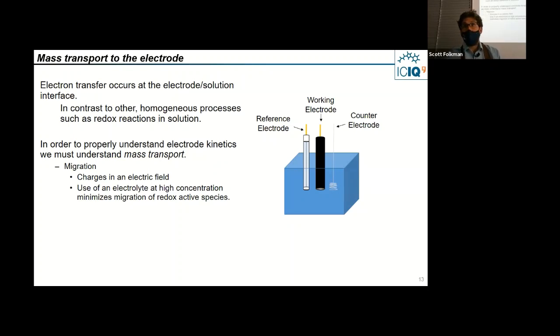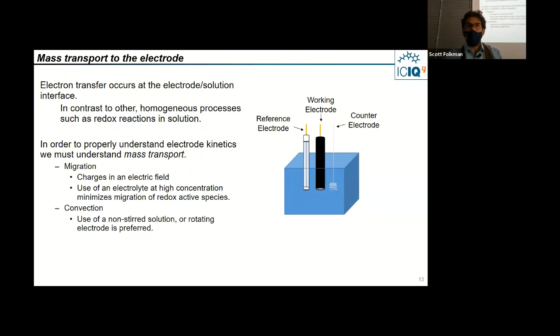And then your analyte would be around 5 millimoles per liter. So you usually want 100 to 1,000 times more concentration of your electrolyte than your redox active species. Now that's not always the case. Sometimes you want to avoid an electrolyte, and sometimes if you're really clever, you can use your redox active species as your electrolyte. But typically in analytical chemistry, we want to avoid that.